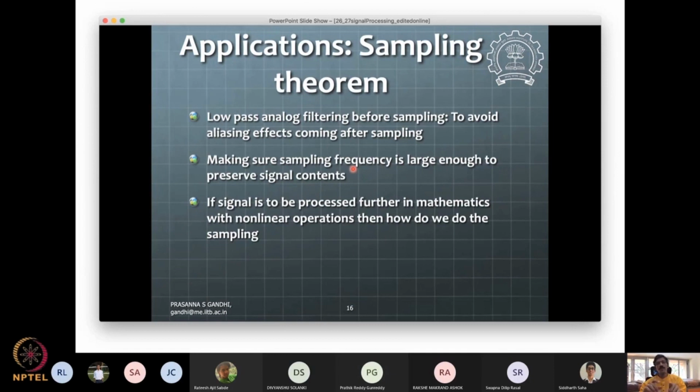Use this analog domain filter, but you cannot have an analog domain filter with a very low cutoff, because with a low cutoff you may lose some part of your signal that you want to preserve, or the first order filter does not have a sharp cutoff.